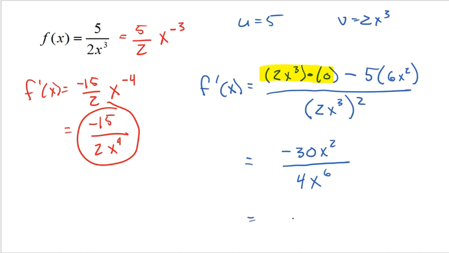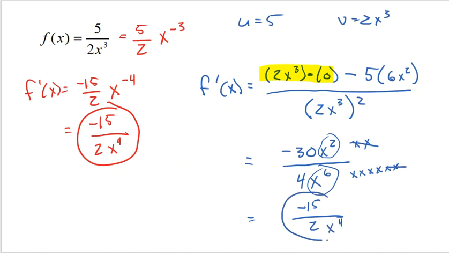But wait a minute, I can clean this up. Negative 30 over 4 reduces to negative 15 halves. The x squared on top will reduce with the x to the 6 on the bottom, and I'm left with x to the 4th in the denominator. And hey, what do you know? It's the same final answer I got over here.